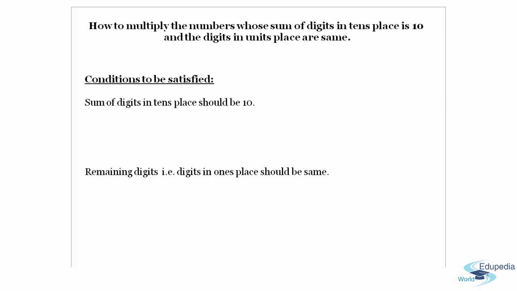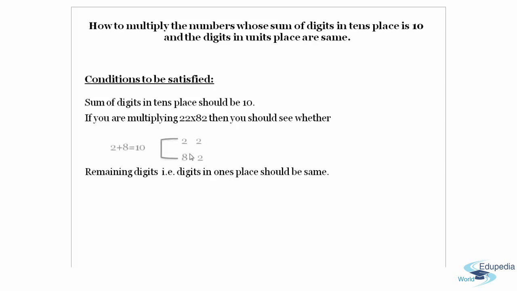For example, if I am going to multiply 22 and 82, at first I have to check whether the digits in the tens place add up to 10 or not. If you observe clearly, the digit in the tens place is 2 and the digit in the tens place of the other number is 8. If you add 8 and 2, you get the sum 10.